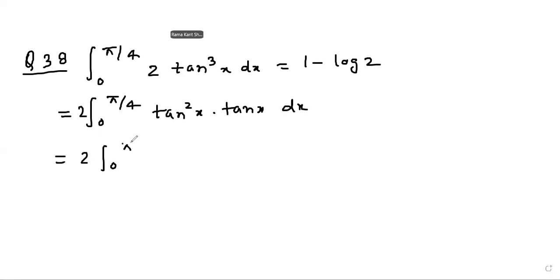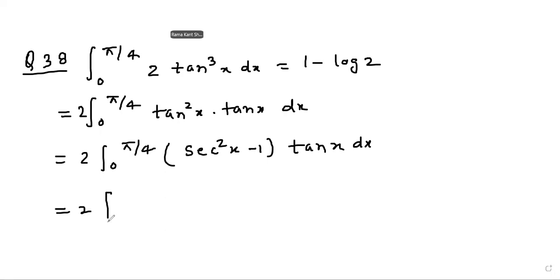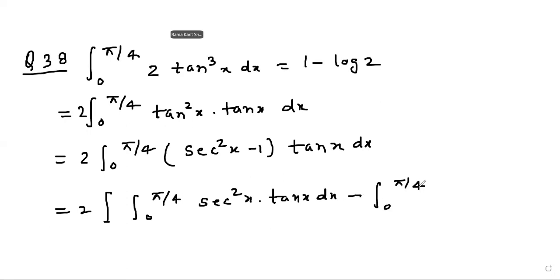Then 0 to pi by 4, tan square x can be written as sec square x minus 1 times tan x dx. This can be further written as twice of integration 0 to pi by 4 sec square x times tan x dx minus 0 to pi by 4 tan x dx.